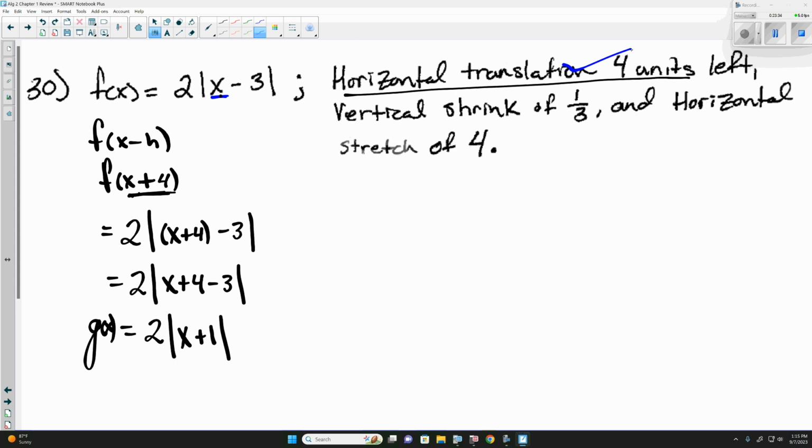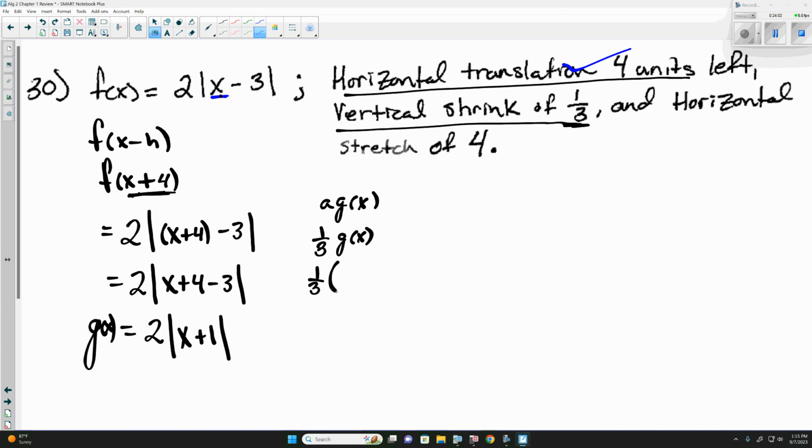Now we'll move to the second one, vertical shrink of 1/3. Vertical stretch or shrink is our a times f of x. In this case, it will just say a times g of x, because again, f of x, g of x, a of x, b of x, c of x, any of these are just another way to name the function. Now our value of a is 1/3. So we have 1/3 times g of x.